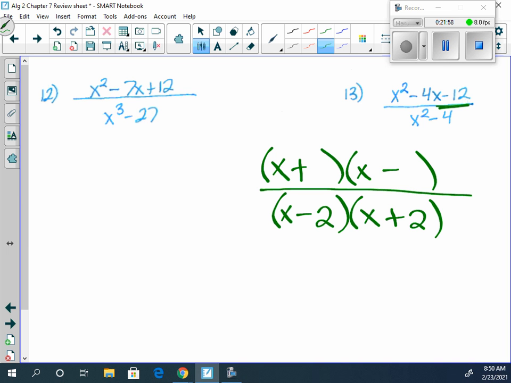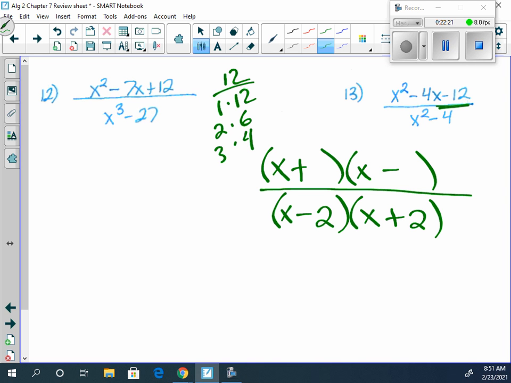Now, the only other thing we need to look at is the factors of 12 to plug in here. So our factors of 12 are going to be 1 and 12, 2 and 6, or 3 and 4. Because we're only going to have one of these sets of factors to work with.